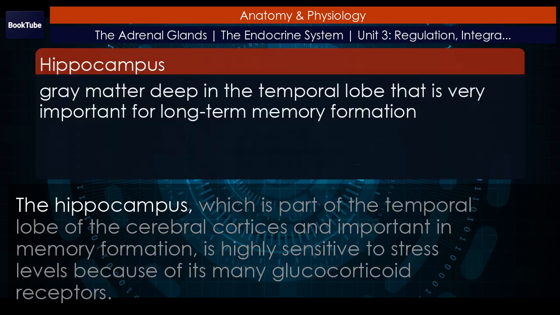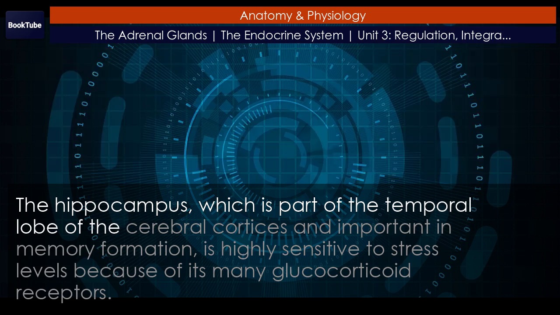The hippocampus, which is part of the temporal lobe of the cerebral cortices and important in memory formation, is highly sensitive to stress levels because of its many glucocorticoid receptors.